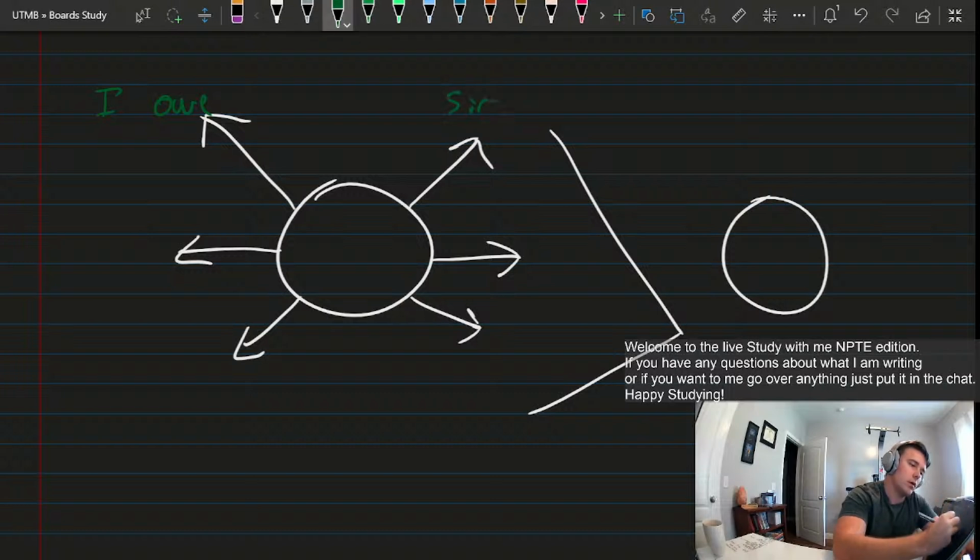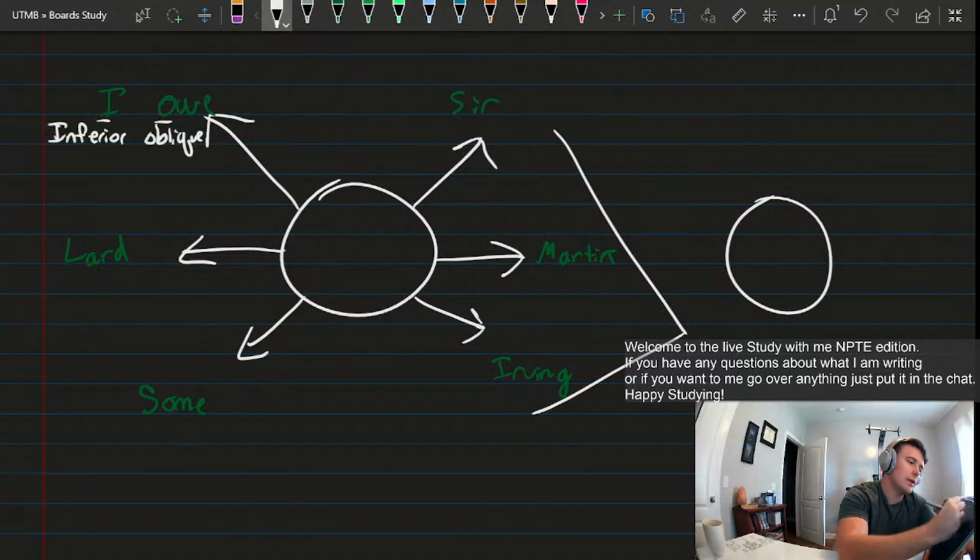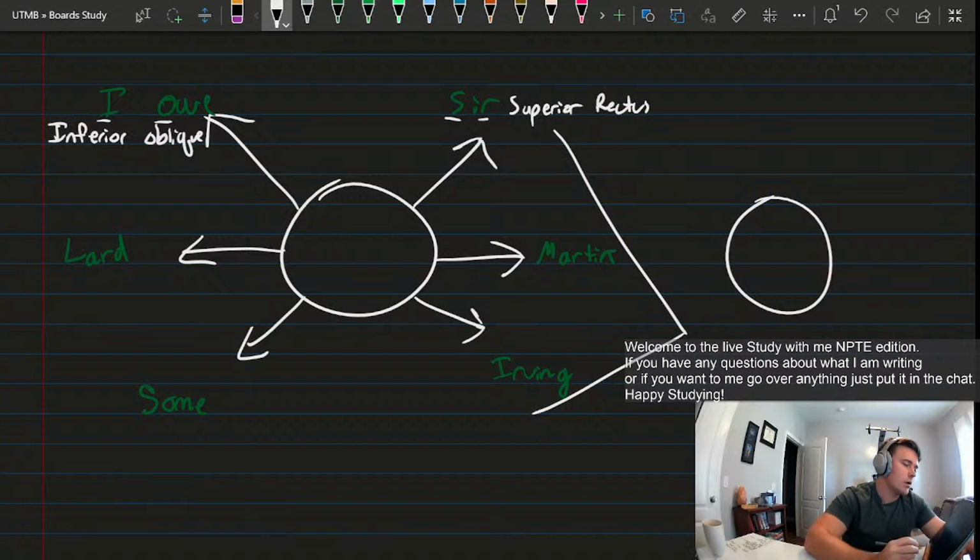Sir, Martin, Irving, some, lard. Okay, and this stands for oblique. This is going to be superior rectus, which is SR. MR, which is going to be medial rectus.